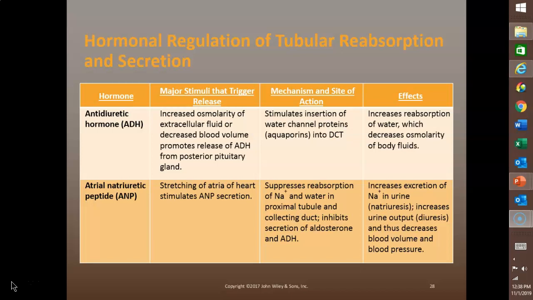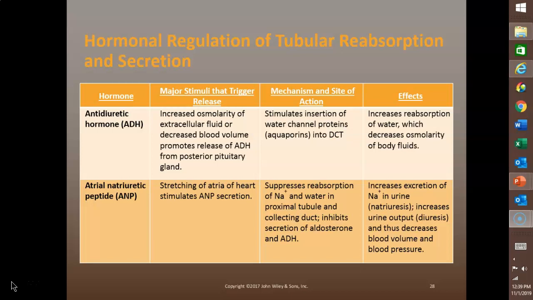The ADH stimulates insertion of aquaporins into the membranes of these cells, and as a result, water permeability in the membrane increases dramatically, and the water molecules move more rapidly from the tubular fluid into the blood. This results in an increase in blood volume, and as we know, that increases blood pressure.